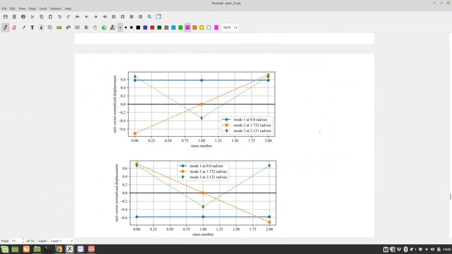Okay, so the top one is done using the mass normalized stiffness approach. So that's kind of K tilde, and this one is the general eigenvalue.